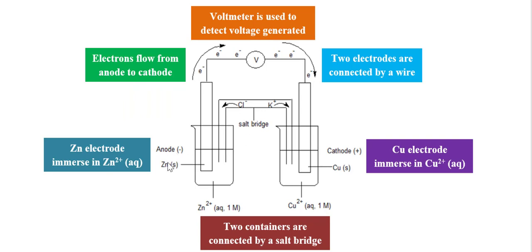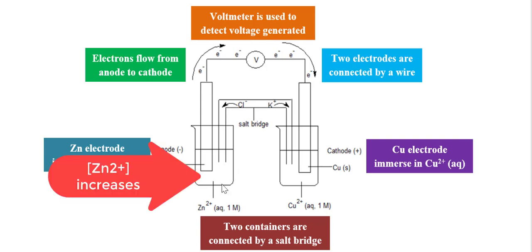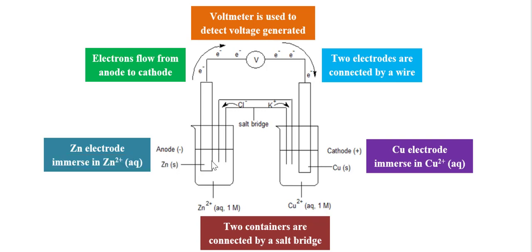A cell cannot operate unless the circuit is complete. The oxidation half cell initially contains a neutral solution of zinc 2 plus ions, but as zinc atoms in the electrode lose electrons, the zinc 2 plus ions that form enter the solution and increase the concentration of zinc 2 plus. This would give a net positive charge.